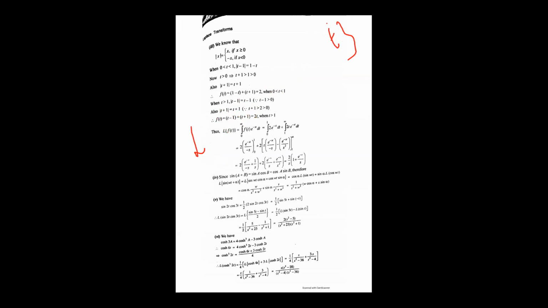Suppose the function is L of a f of t minus b g of t plus c h of t. Here there are three functions f of t, g of t, h of t and three constants a, b, c.